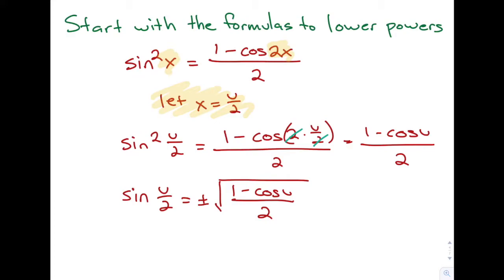So it's completely valid, and really it's just a way of showing that there's this other relationship going on within the formula to lower power. And where we end up is sine of u over 2 equals plus or minus the square root of 1 minus cosine u over 2, where we choose positive or negative depending on the quadrant in which u over 2 lies.